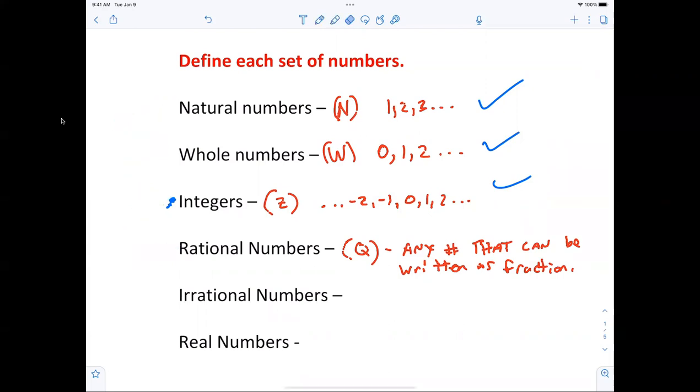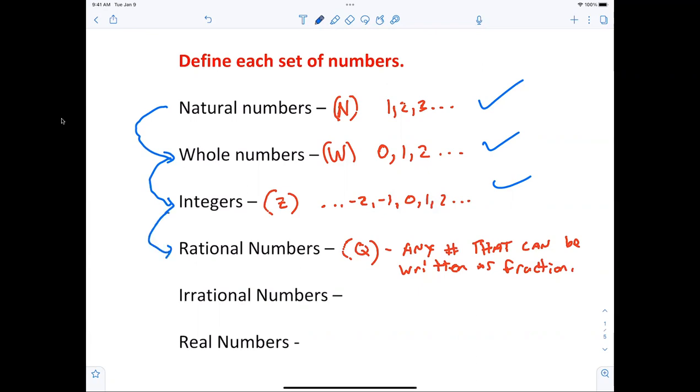Let me say this one more time. If you are an integer, all right? No, I'm sorry, man. I did that totally backwards. Boy, that was a big mistake. I'm sorry, guys. If you're a natural number, then you're automatically a what? Whole number. If you're a whole number, you're automatically a what? And if you're an integer, you're automatically a what?